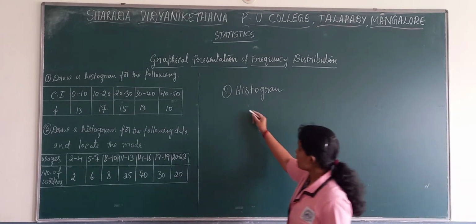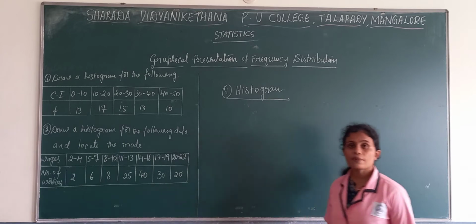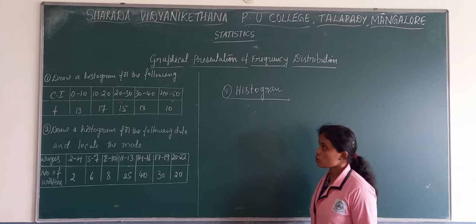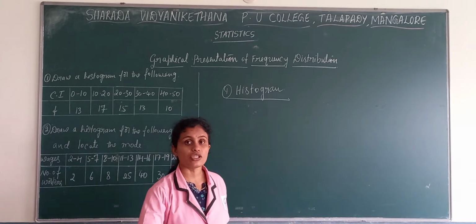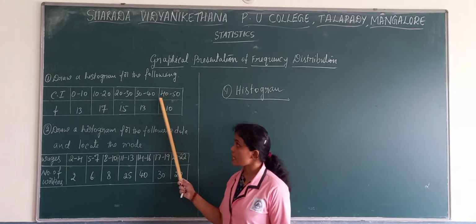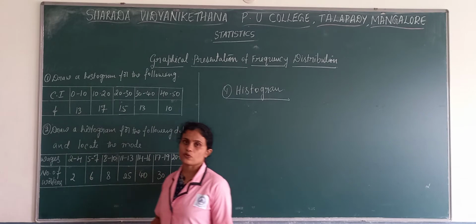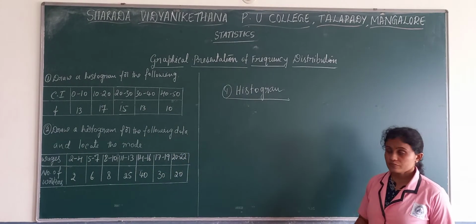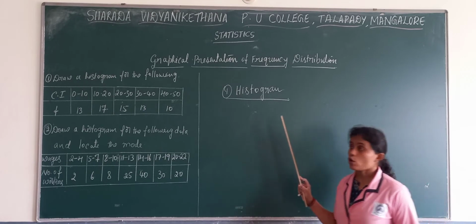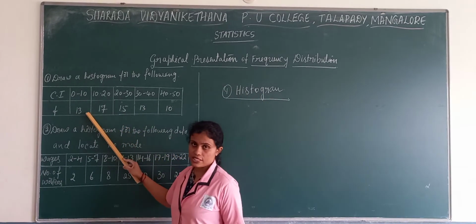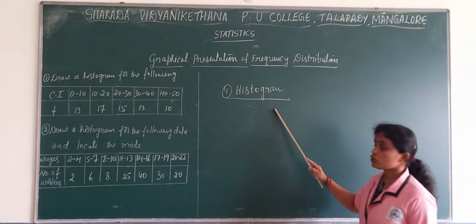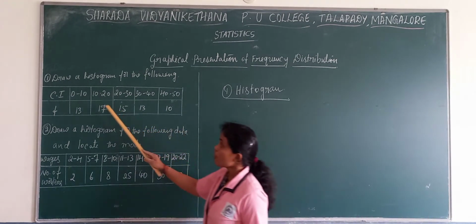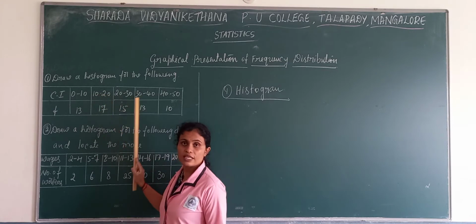A histogram is constructed for continuous frequency distribution. Here the height is drawn according to the class frequency and the width is according to the width of the class intervals.